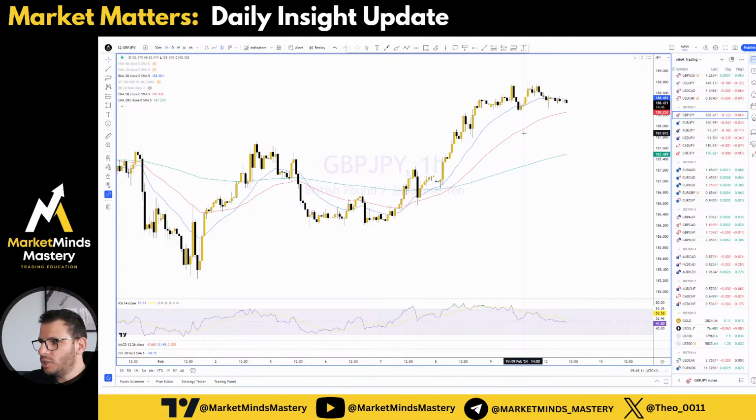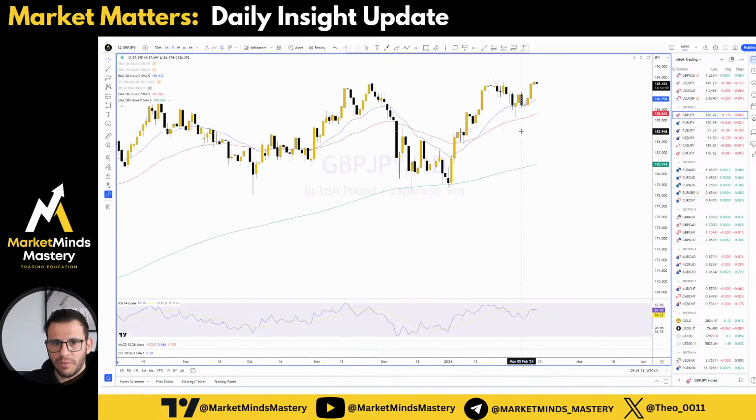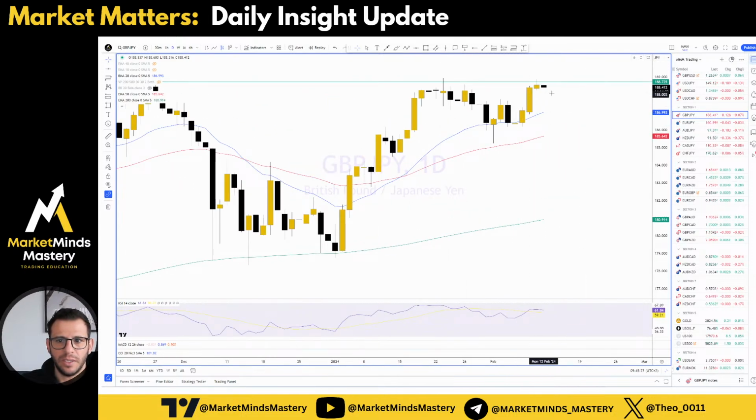And the pound Japanese yen, it's also, in my opinion, a good one because the price on the daily chart is at this resistance here, rejected the resistance, as you can see. And if it's going to break below this area, maybe it can give us a good entry.